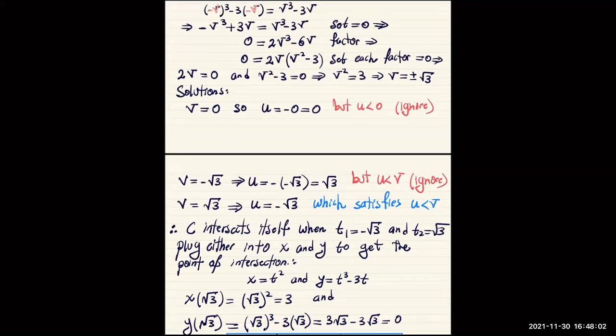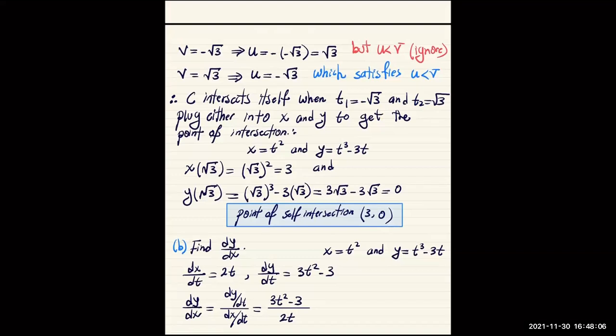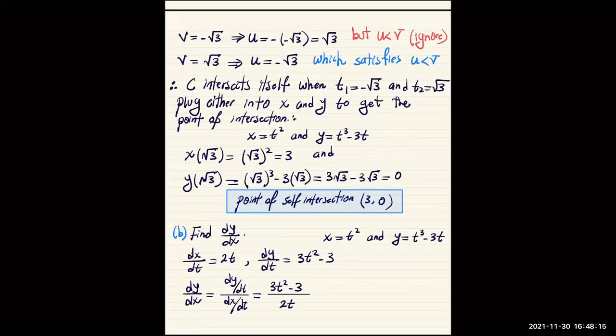Okay, so let's go back and see what we found, starting with part A. Part A was about the point of self-intersection, and that's happening at 3, 0. You can also label the t values.